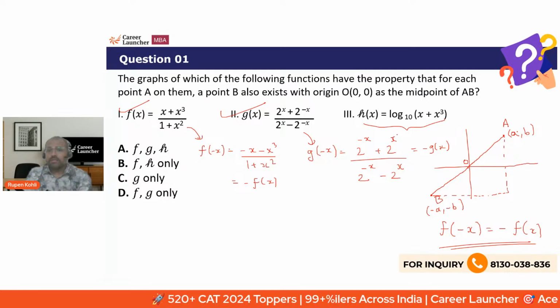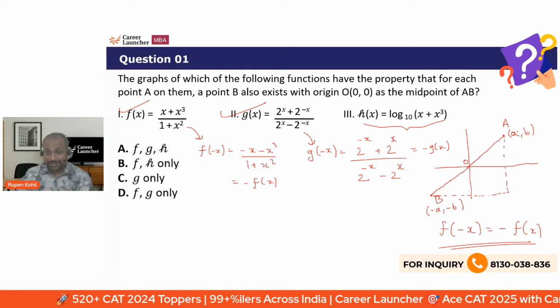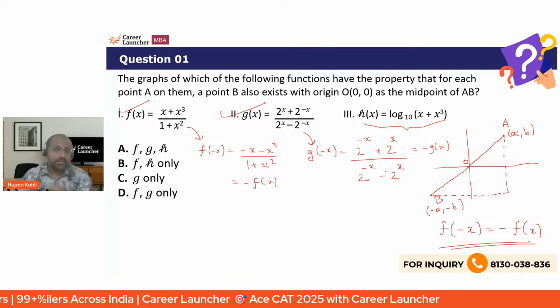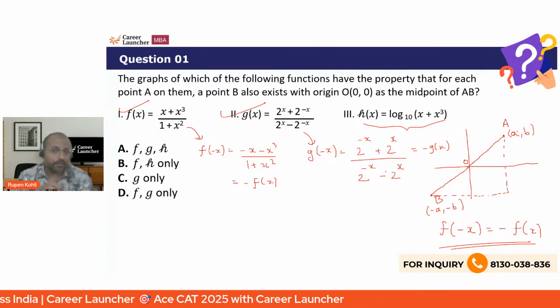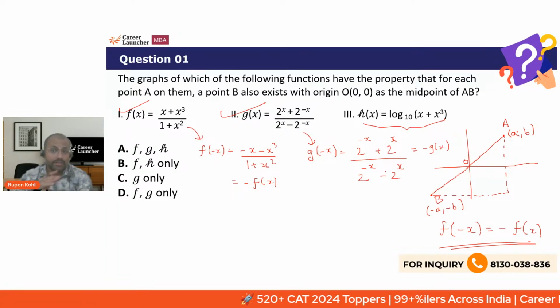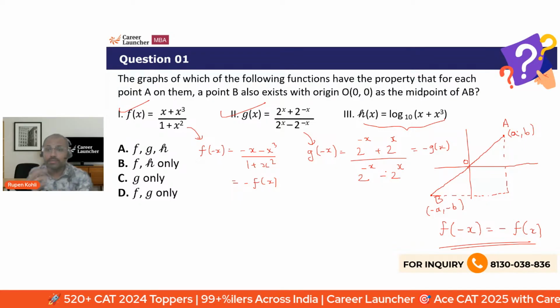What about this function log of x plus x cube? Remember, the logarithmic function is not defined when the input is negative. So this function can never be odd, because in order for the function to be odd, it should be defined for negative values of x in the first place.